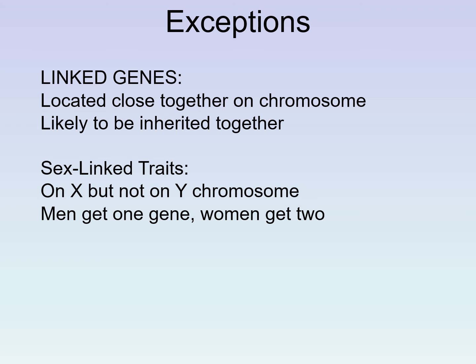Therefore, the XX combination of females produces 2 chances to get a gene that gives you normal color sight and not be colorblind. But with the XY combination of men, they only have 1 chance to get the normal color sight allele. This is why there are more men who are colorblind than women. It's just the math of probability.